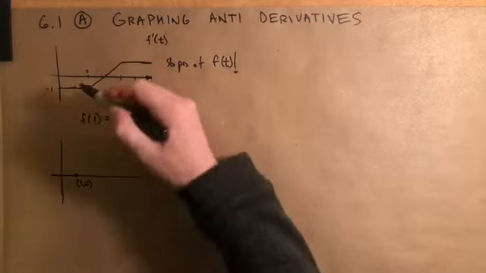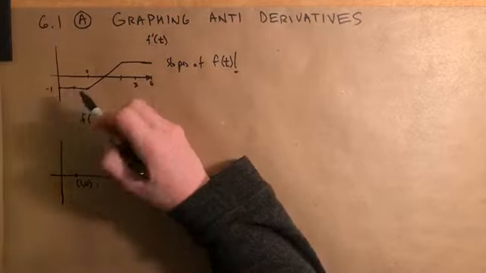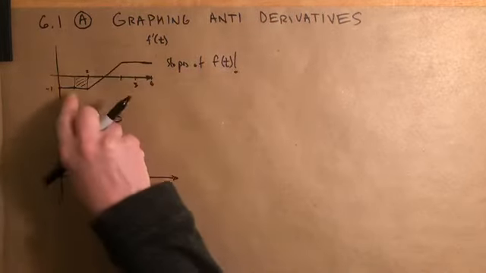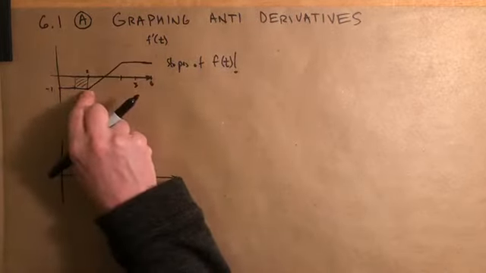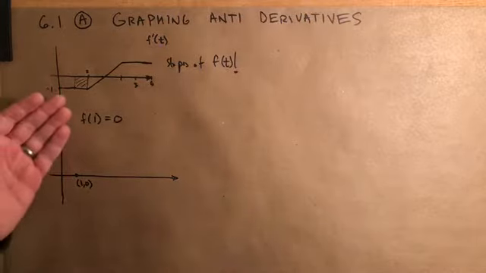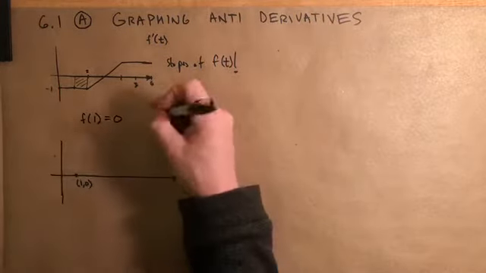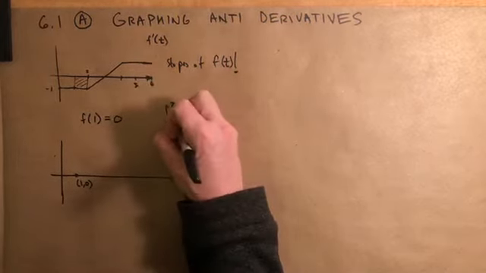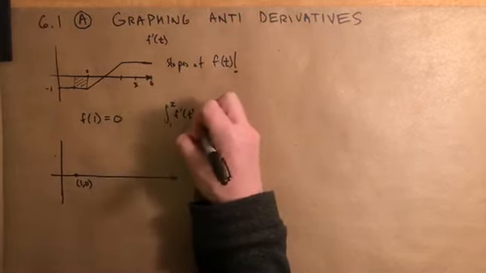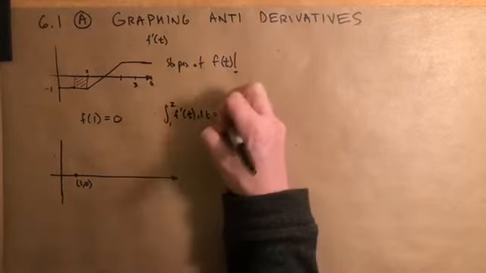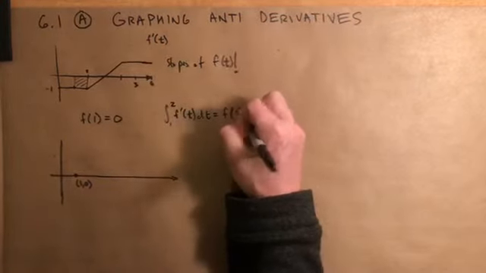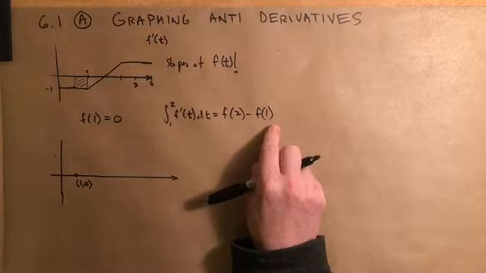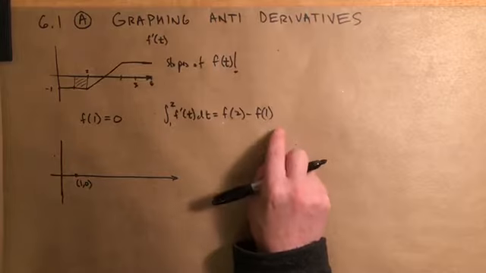Now, if I look here, what does this tell me? Well, this area between 1 and 2 tells me how much f changed. I could write that with the fundamental theorem. I could say the integral from 1 to 2 of f prime of t dt is equal to f of 2 minus f of 1, or the change in f from 1 to 2.